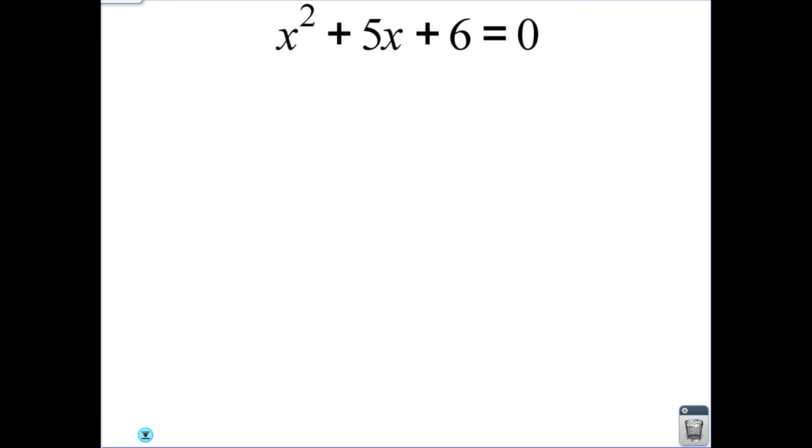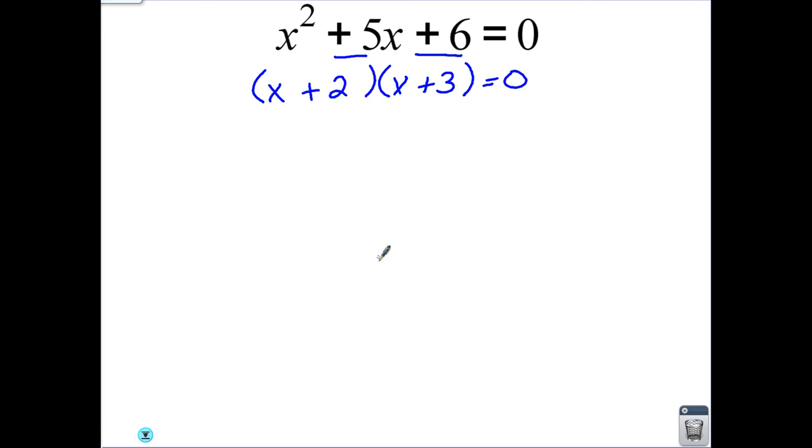X squared plus 5x plus 6 equals 0. Step number 1, your second method of solving a quadratic equation is by factoring. We take x squared plus 5x plus 6, and we're going to break it apart. And that's what we just did. X and x. Two numbers that multiply to give me 6 and add to give me 5 were a positive 2 and a positive 3.